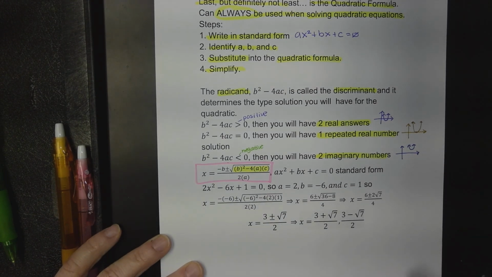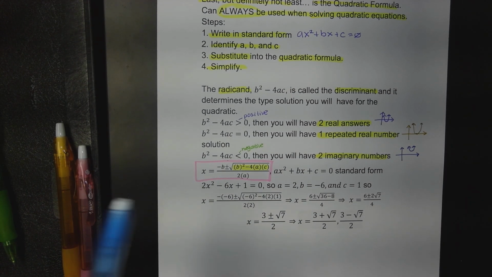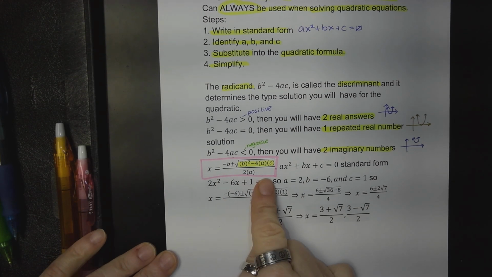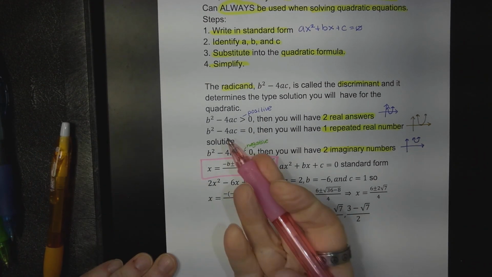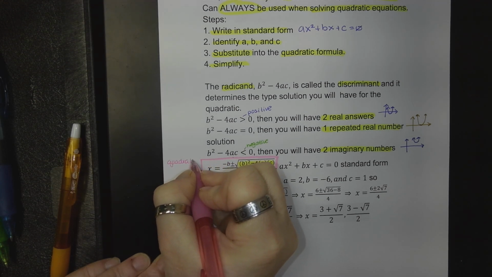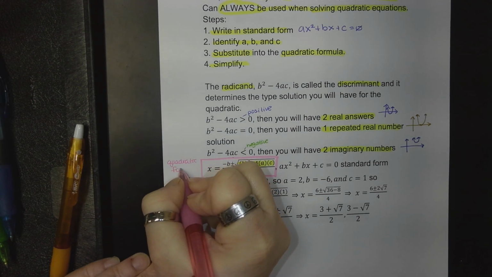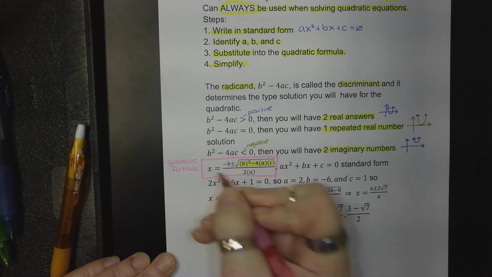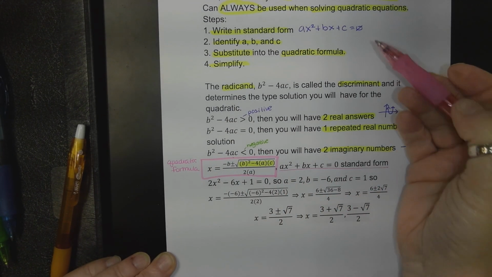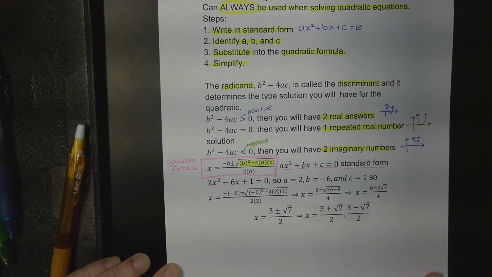Right? There'd be no x-intercepts whatsoever. So like I said, here is our quadratic formula. And then here's the standard form, which I wrote again up here for you.